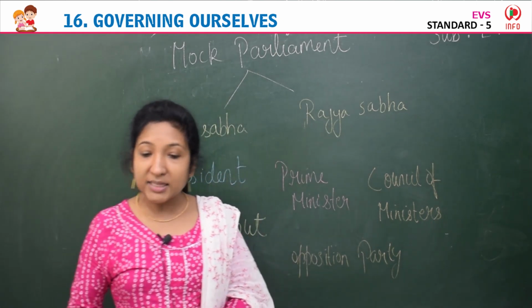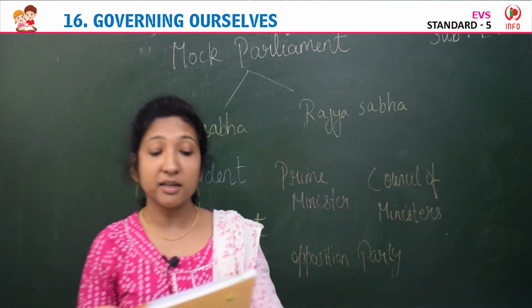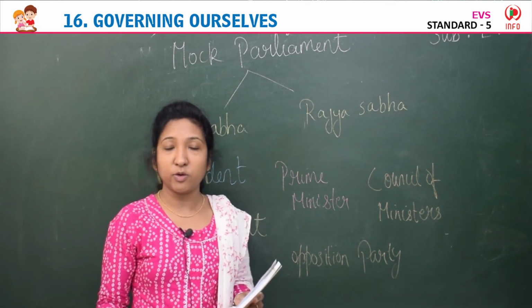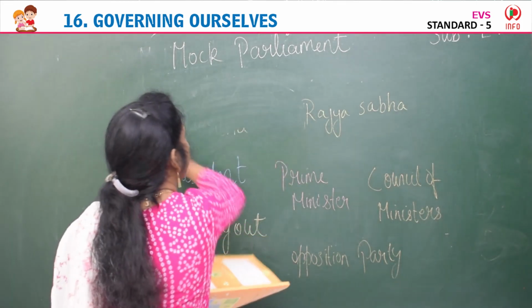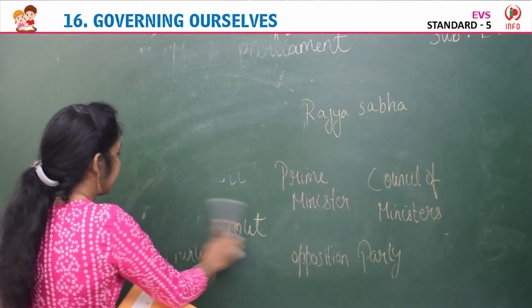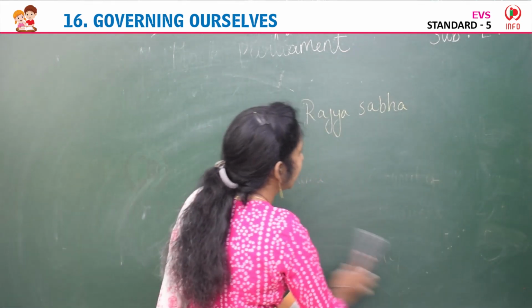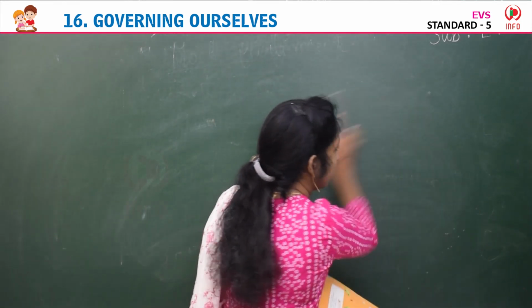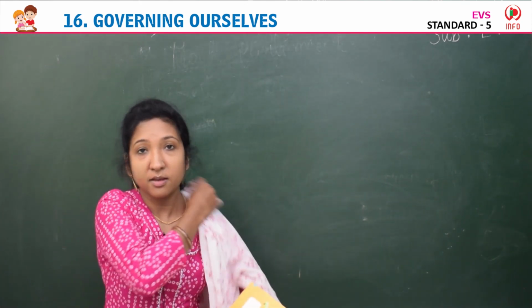Okay, now next, you have to prepare a chart on the powers of the president and display it on the school notice board. So what are the powers of the president, children? Already you have learned about the president, how he is elected and what the responsibilities of a president are. It is there in your textbook, isn't it? The president is responsible for the whole country.